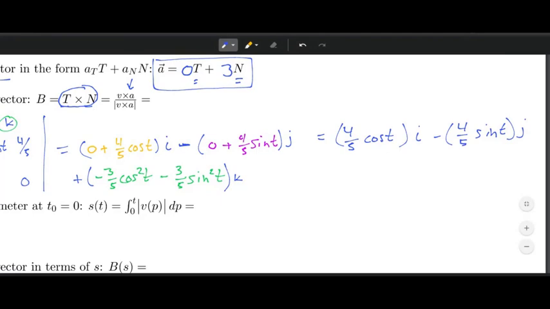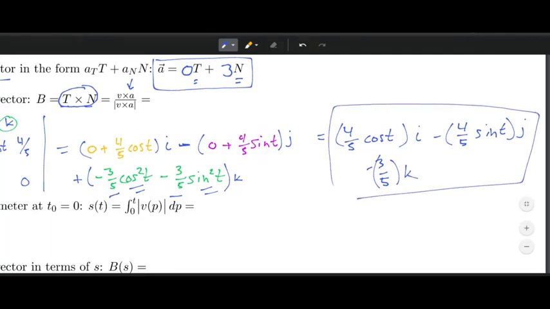And then over here, notice what we get. If we factor out a negative 3/5, we have a cosine squared plus a sine squared. So that's going to be negative 3/5 times 1. So that's negative 3/5 times k, or in the k direction, excuse me. So this is b, our unit binormal vector.